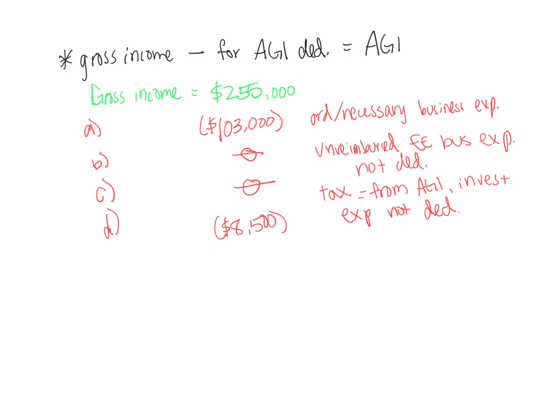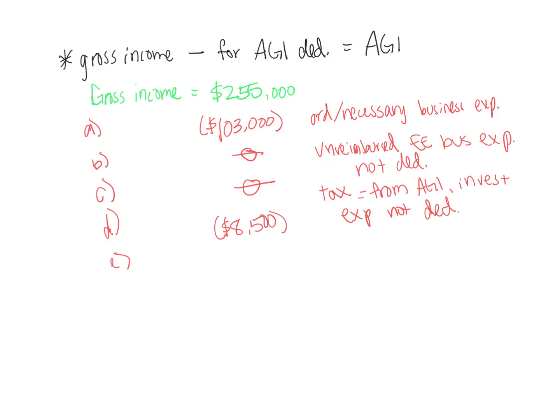And the reason why is because those rental expenses are deductible for AGI, even though they are technically investment or production of income expenses.